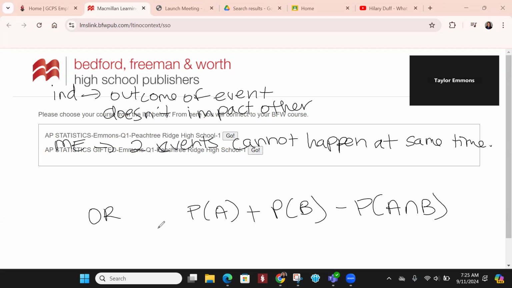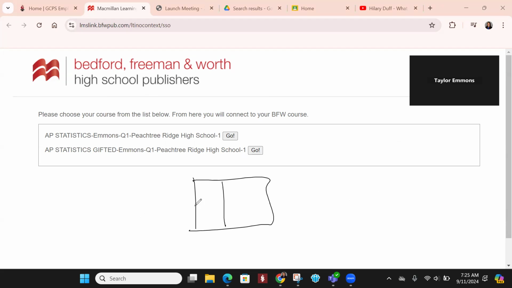Okay, so here it is. Here's your two-way table. Let's say that you want to know the probability of A and the probability of B. Okay, so let's say that you want to know the probability of yes and yes, right?